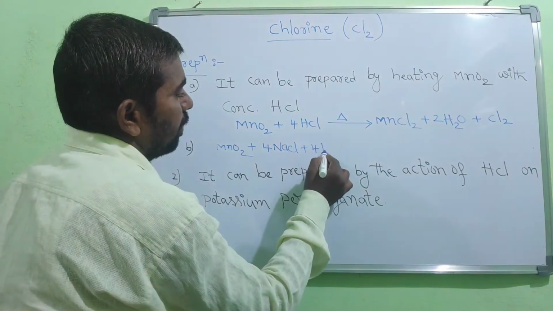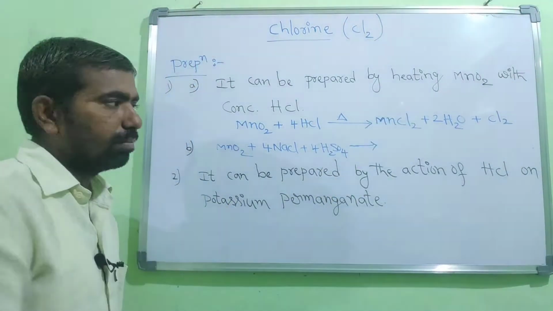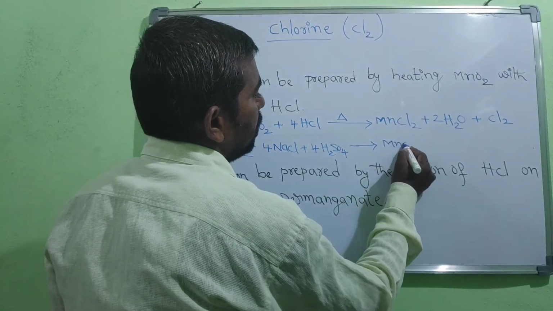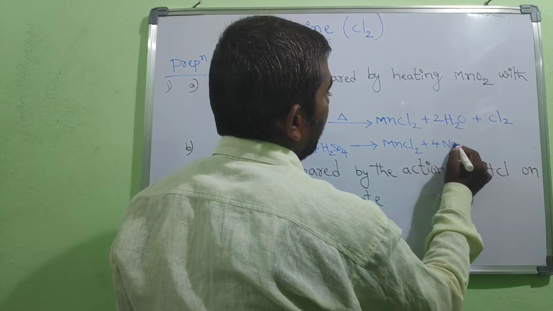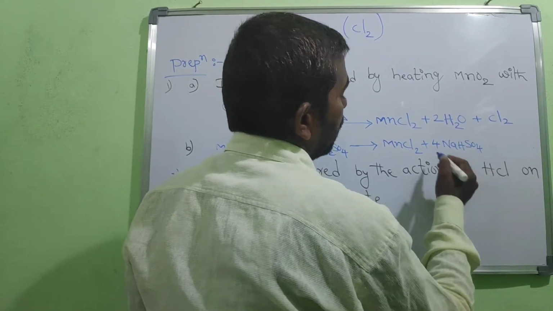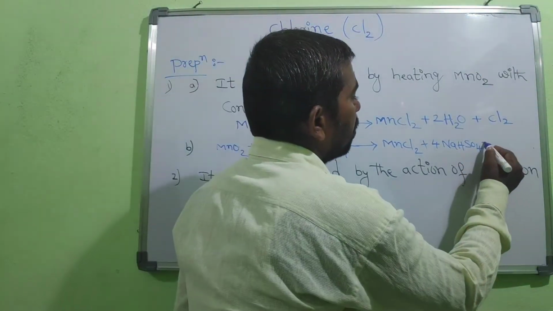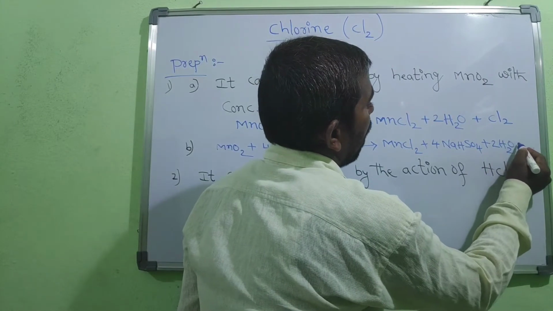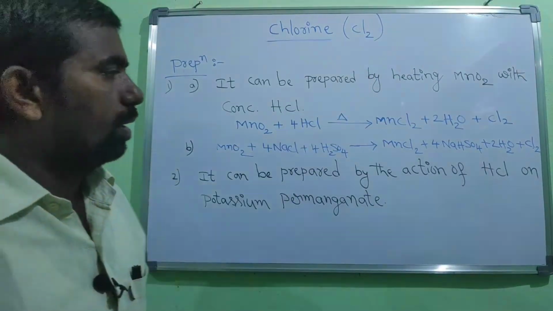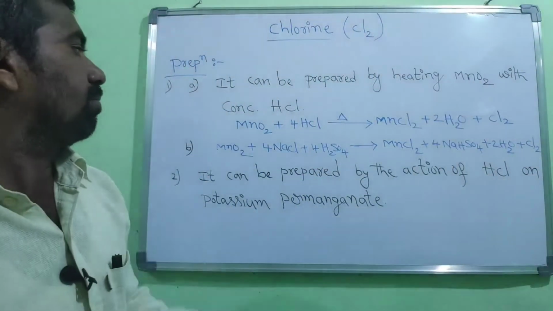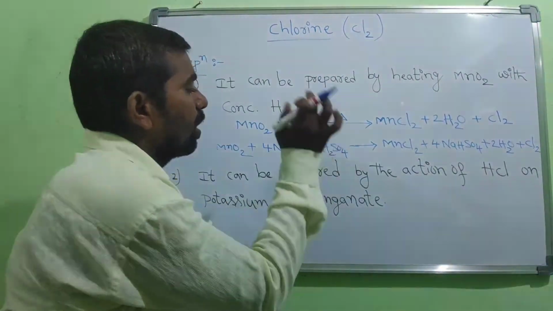To that, 4 moles of H2SO4 is added, and a similar chemical reaction occurs. So a similar product MnCl2 is obtained here, and one salt is formed, that is 4NaHSO4, sodium hydrogen sulfate, and the remaining 2 moles of water molecules along with the chlorine formation. So that is about the preparation of chlorine from manganese dioxide and HCl. Instead of this, we can take this mixture also.